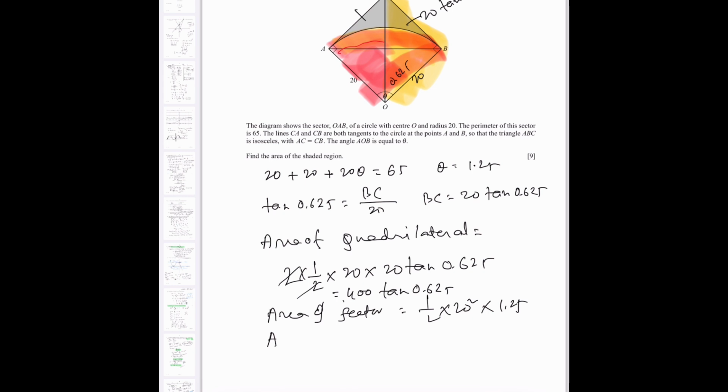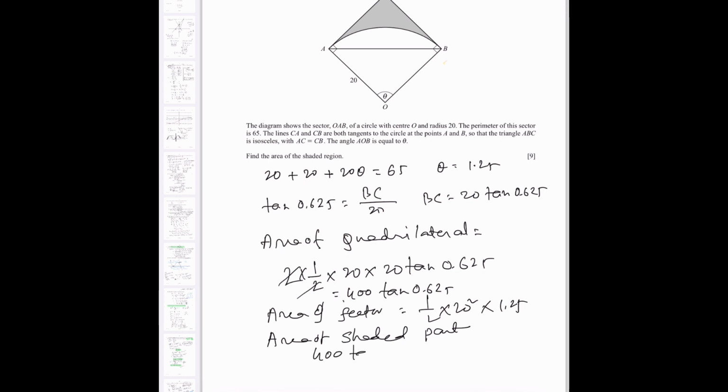So the area of the shaded region, this part, equals 400 sin 0.625 minus, there is a 20 squared, so 400, so 200 into 1.25. The area is 38.6 centimeter square.